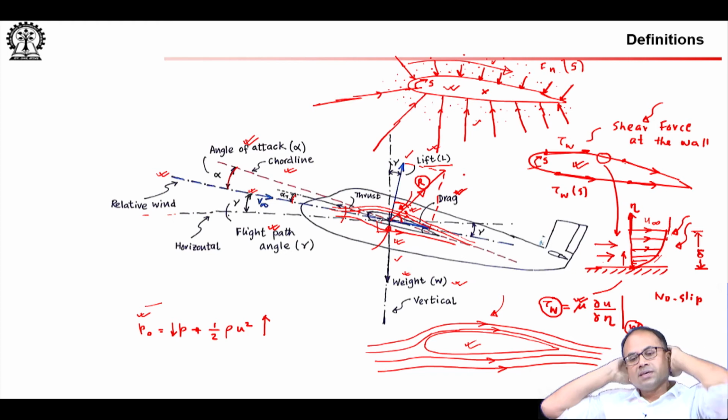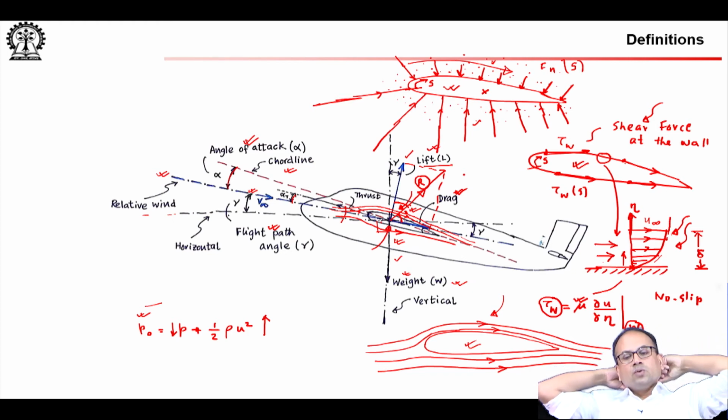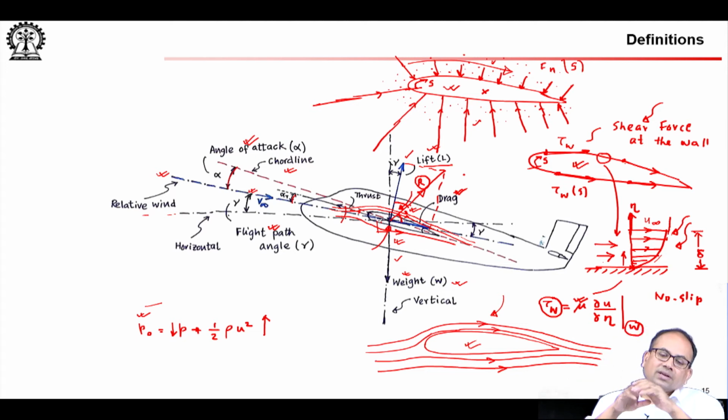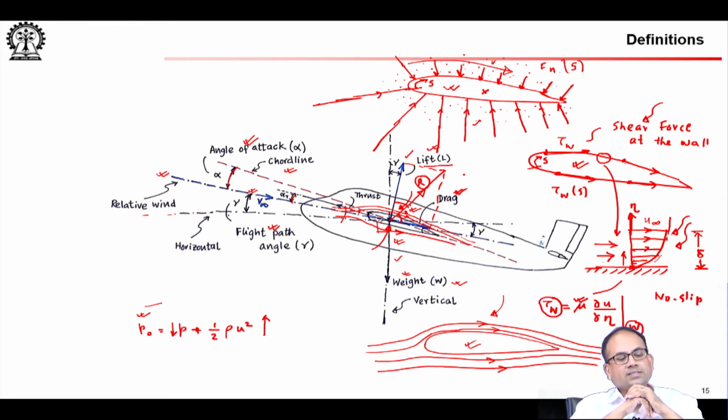So, in this case you have a resultant force R, and when you take the components of R along those two directions, one normal to the relative velocity and the other along the relative velocity, you find lift and drag, and then you see whether lift is significantly greater than drag. In this case, of course, aircrafts are designed in such a way that lift is significantly greater than drag. So, I think that thing will be satisfied.